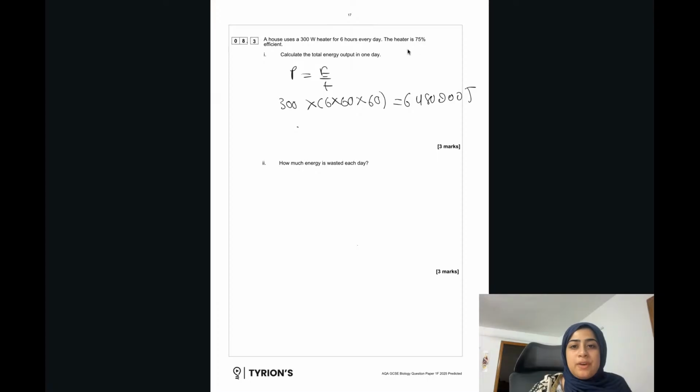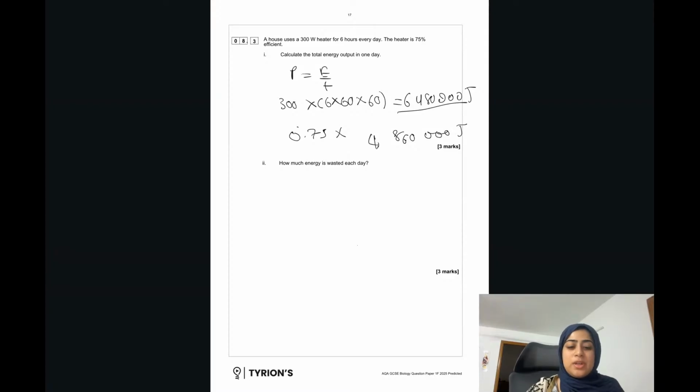It's 75% efficient, so we could just do 75 times the total. Sorry, the useful. So 0.75 times 6,480,000 joules. That's 4,860,000 joules. That's 3 marks.